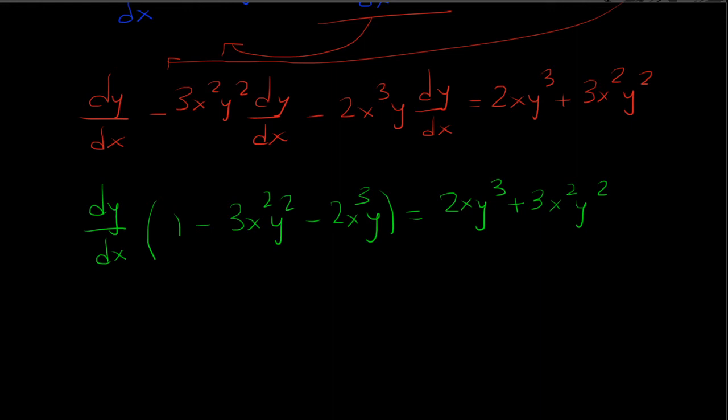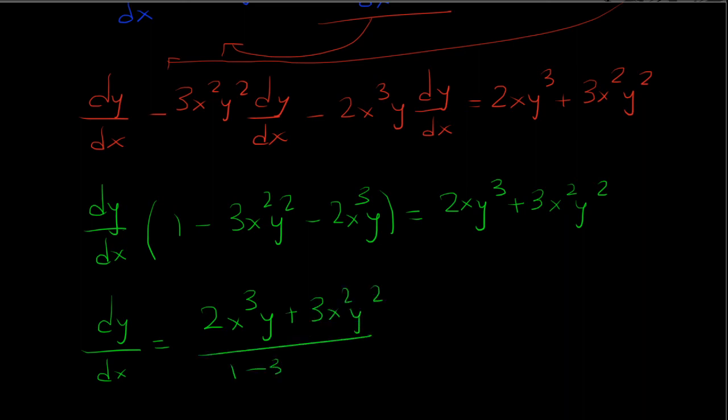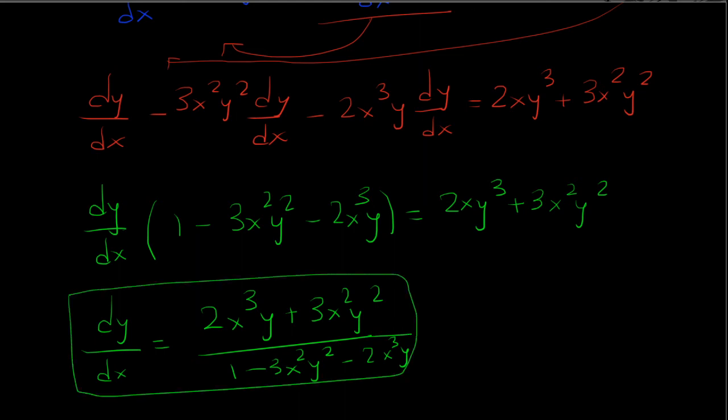And last step here, we're going to divide by 1 minus 3x squared y squared minus 2x cubed y. And in this case, we cannot simplify any further, so we will leave it as is. So that is our derivative.